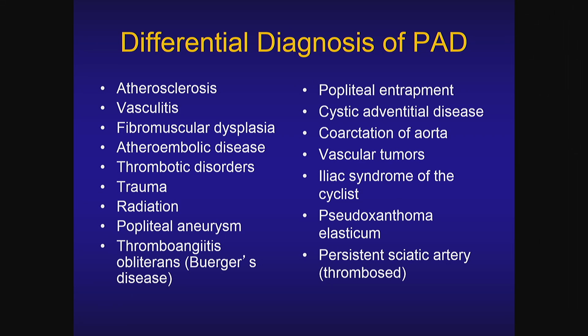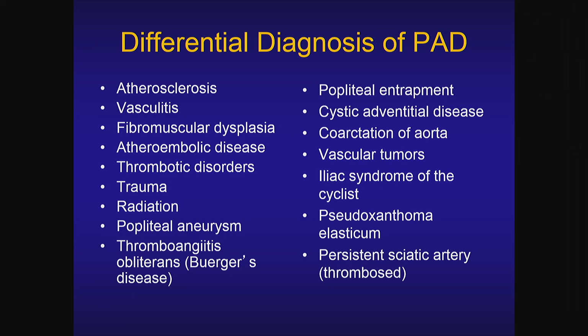Thromboangiitis obliterans in smokers is much less common now, but should be kept in mind when evaluating patients with critical limb ischemia and digital ulceration. Popliteal entrapment in young athletes can manifest with claudication despite the absence of peripheral artery disease in terms of atherosclerosis. Cystic adventitial disease is a rare phenomenon affecting the popliteal artery.